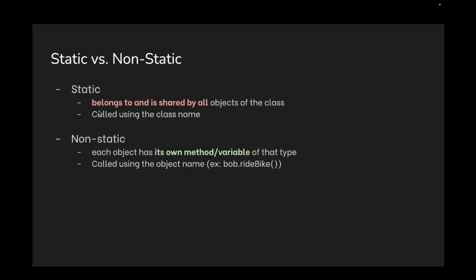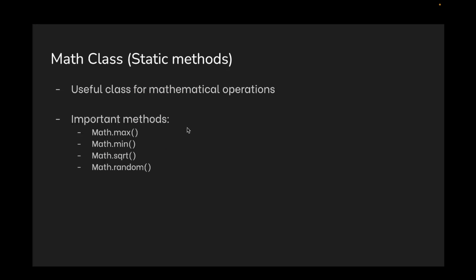So that's an example of how you can decide whether a variable or a method would be static or non-static. See if it's shared by all objects of the class, and if it is, then it would be static. And then we call static methods using the class name. I put this here because there's a class called Math, right here.